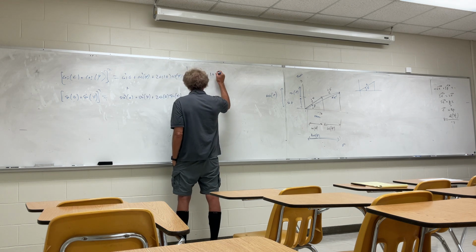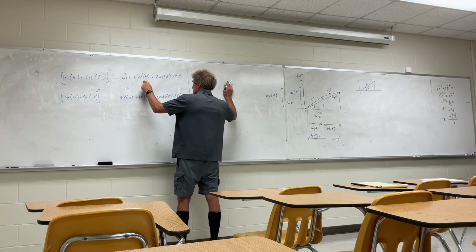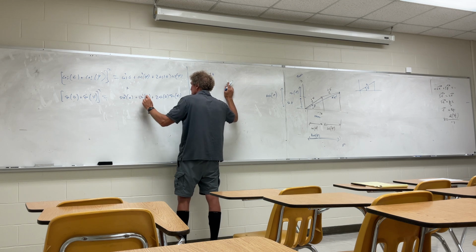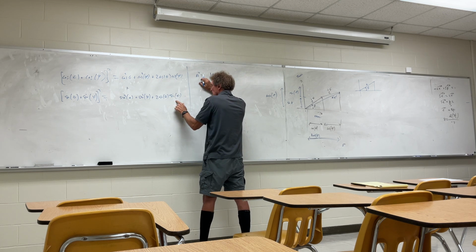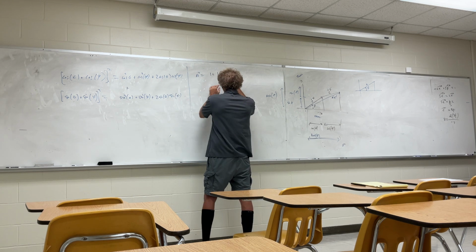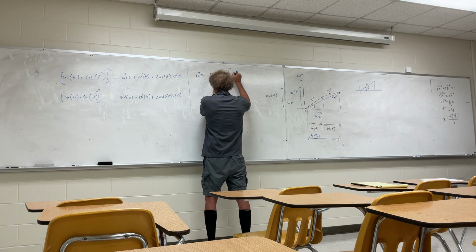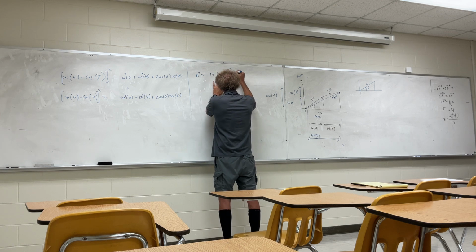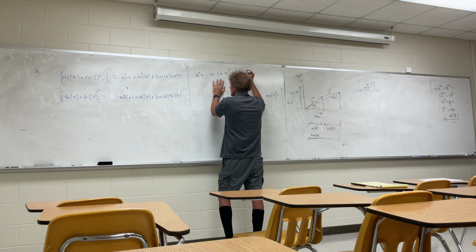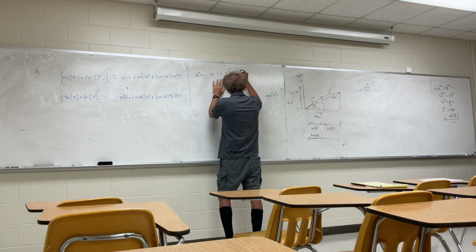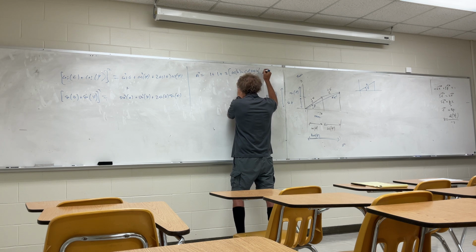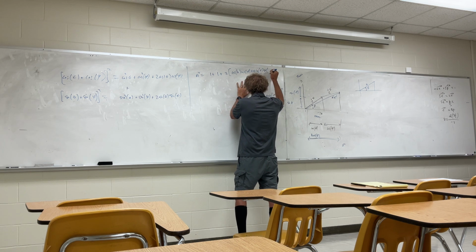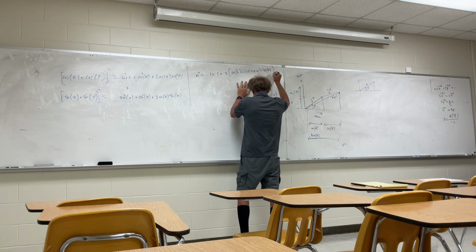So it's going to be 1 plus, and when I add cosine squared psi plus sine squared psi, I get 1 plus 1 plus, and then when I do this, I have plus 2 times the quantity cosine of psi times cosine of theta, plus sine of theta, sine of psi, as a factor of 2 there.